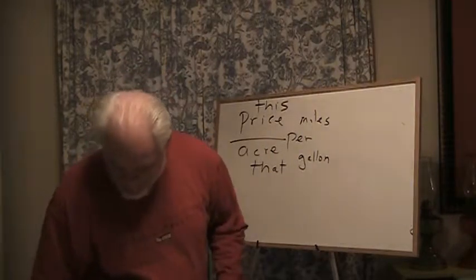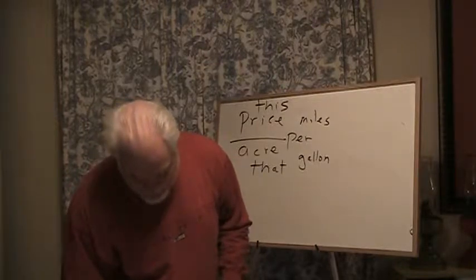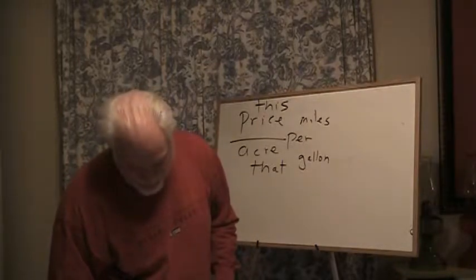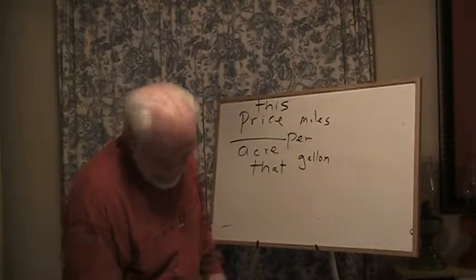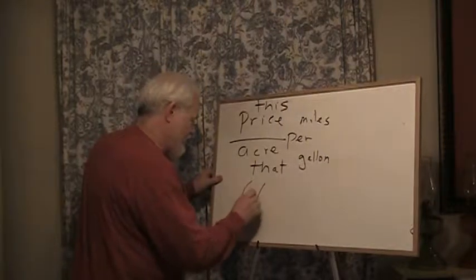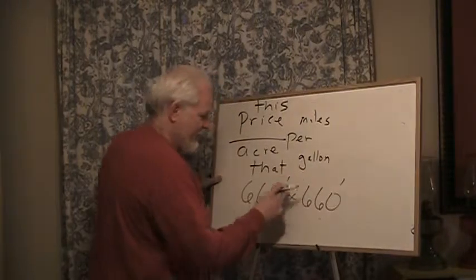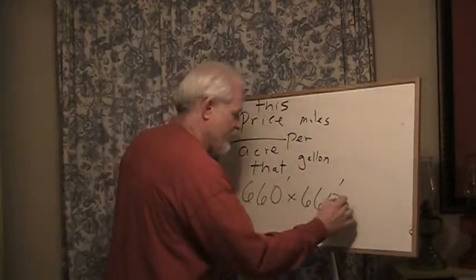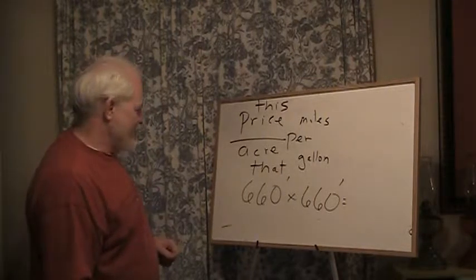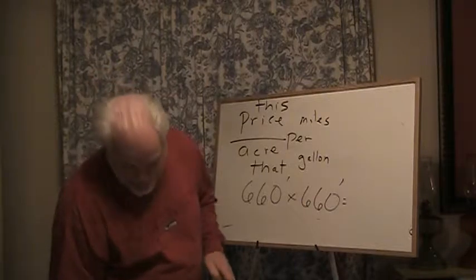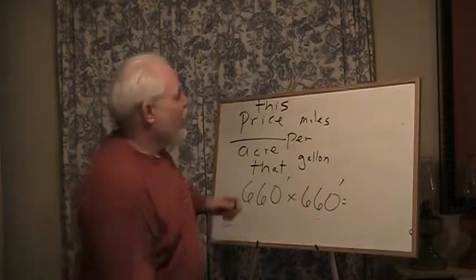All right, let's give ourselves a price, and let's just say that the piece of land is 660 by 660. By the way, everybody knows that little gizmo means feet, don't you? All right. So the piece of land is 660 by 660, and the price is $130,000.